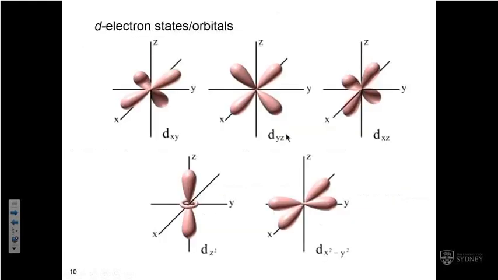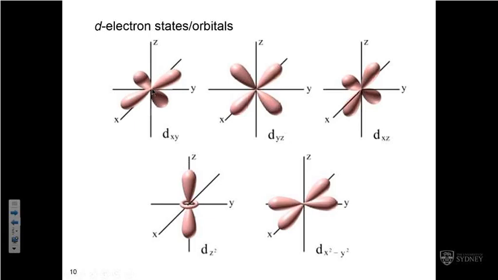I put this here to show you what the d electronic states look like, or orbitals. Sometimes they're called states, coming more from physics. Coming from chemistry, they usually call them orbitals. And these are the 5 d orbitals. If you have an atom there in the center, this is the way the lobes look.